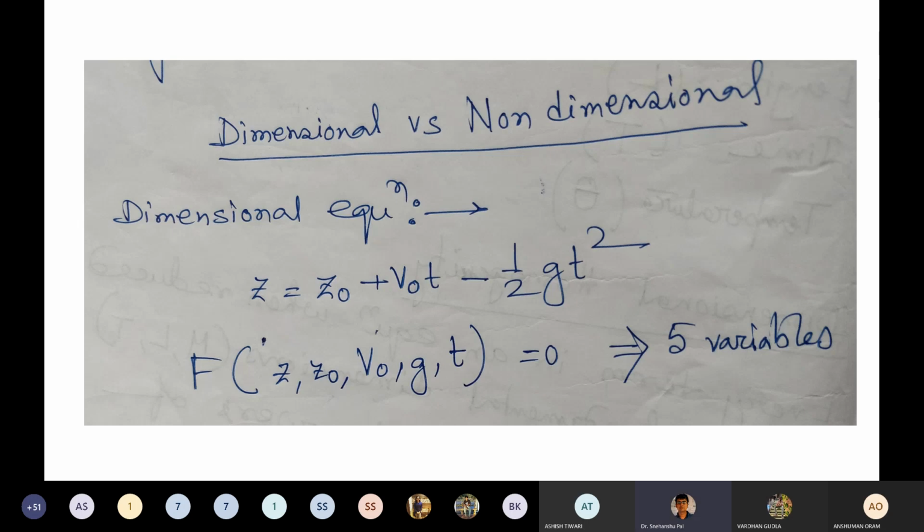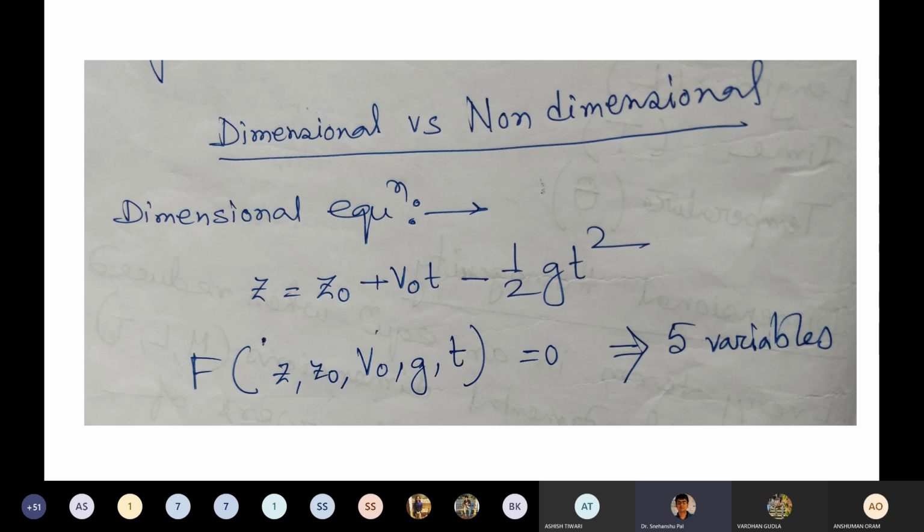So now we have to understand what is dimensional and what is non-dimensional. Suppose you have a dimensional equation, z equal to z0 plus v0 t plus half g t square. This is a very fundamental equation of Newton's laws of motion. Here z0 is the initial distance or initial height, v0 is the initial velocity, t is the time, and g is the gravitational acceleration.